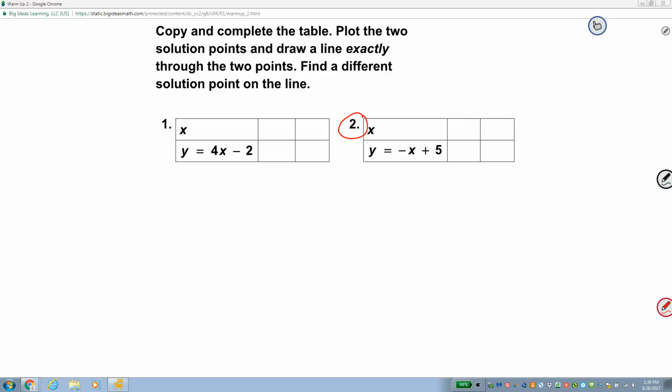Just do all the steps and put this in your notebook. Not the whole sheet, just number 2. Ladies and gentlemen, you're just doing number 2 for your exit assessment. So you're showing me all the steps it's going to take to get it. So you're including the tables, the points, and the graph itself.